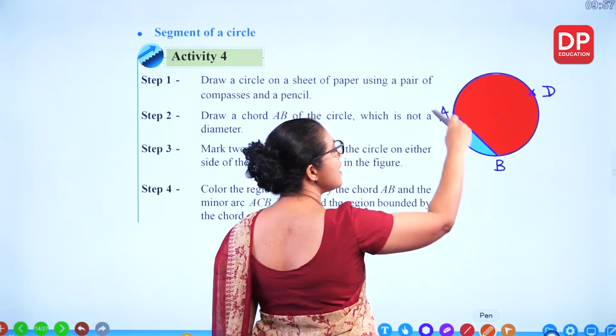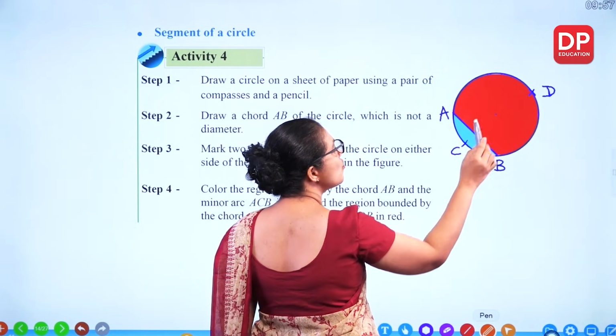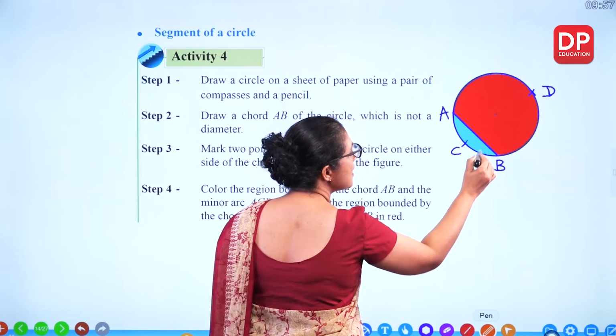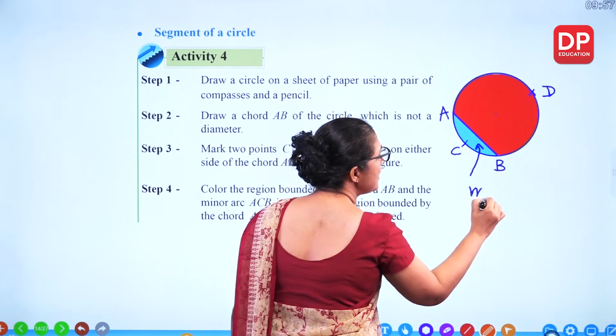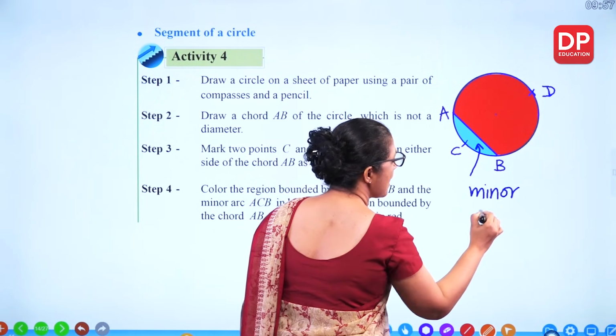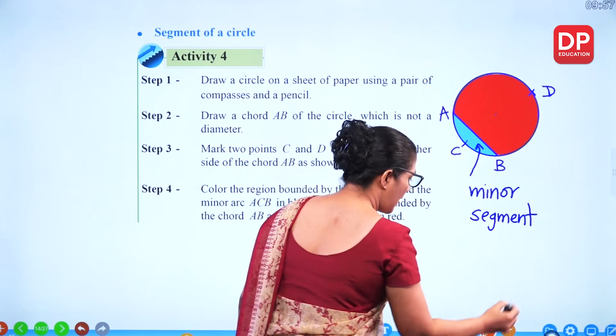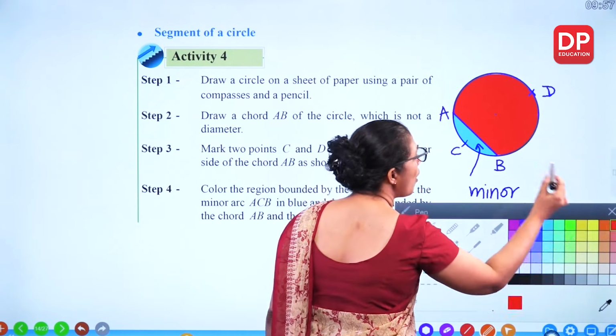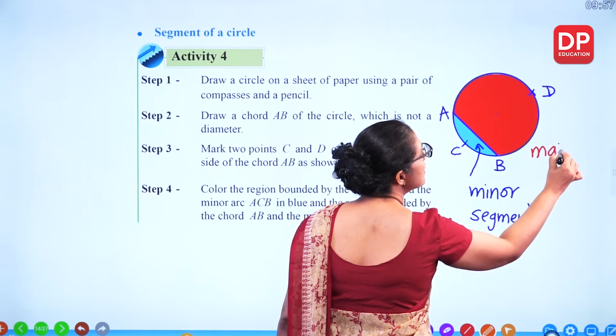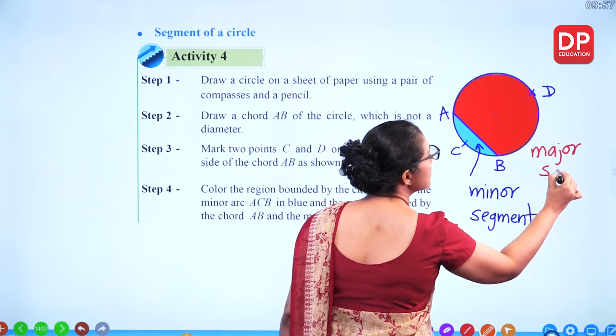So when you draw any chord, you get two segments. This is the minor segment, and the other one we call the major segment.